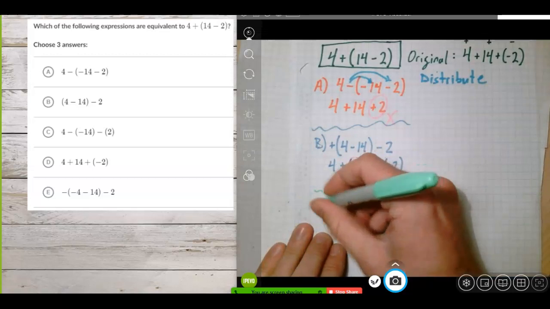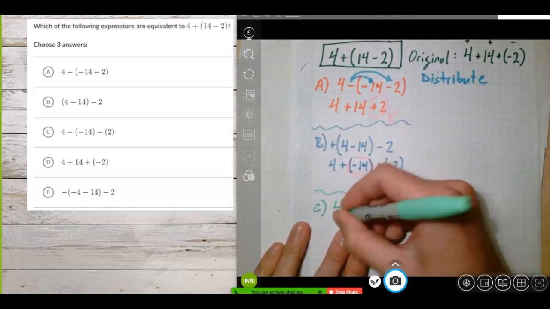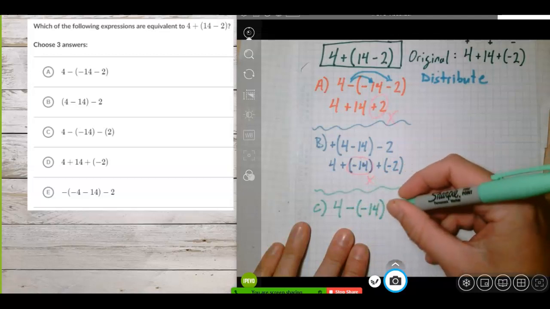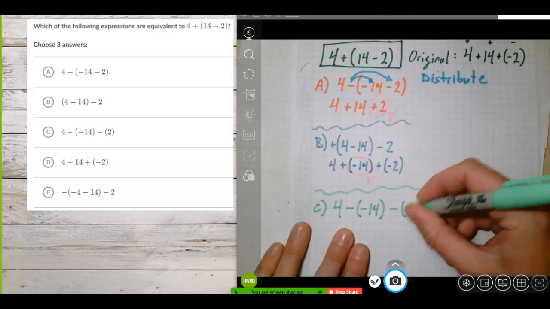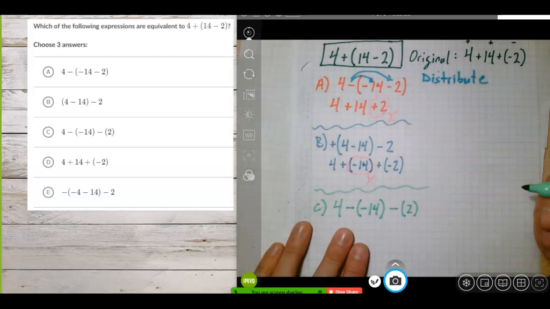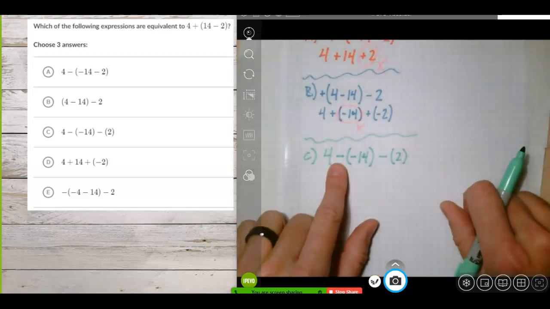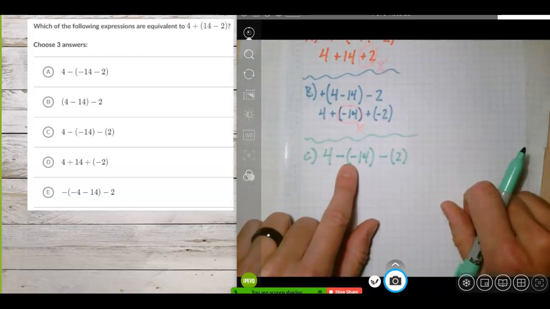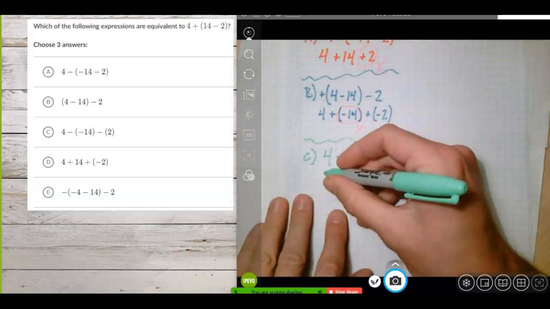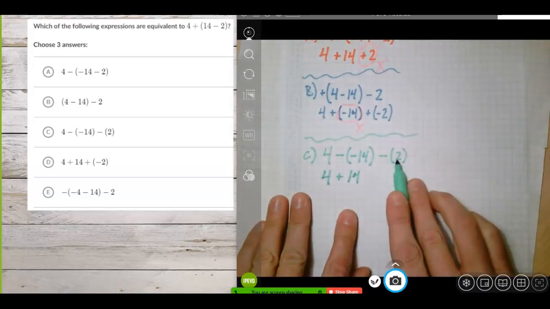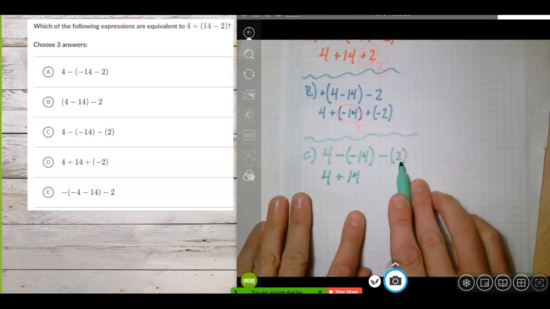So in C, they start with 4 minus negative 14 minus, and I don't know why they put the 2 in parentheses, but they did. What happens when we have minus negative 14? Positive. It becomes plus positive, right? Add the positive. Now this minus and then 2 in parentheses, there's no reason to do that.